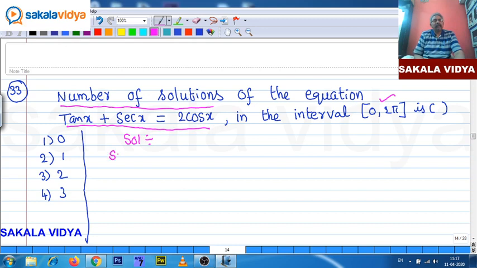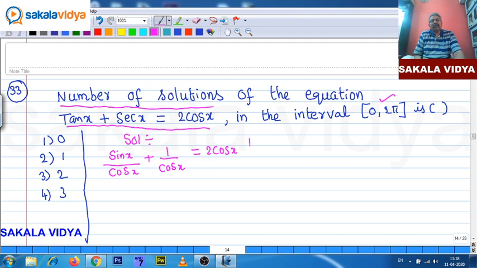This tan x we can write as sin x by cos x, plus secant x we can write as 1 by cos x, equal to 2 cos x.